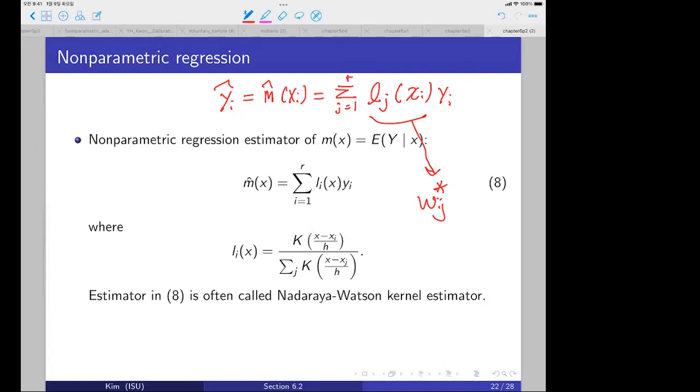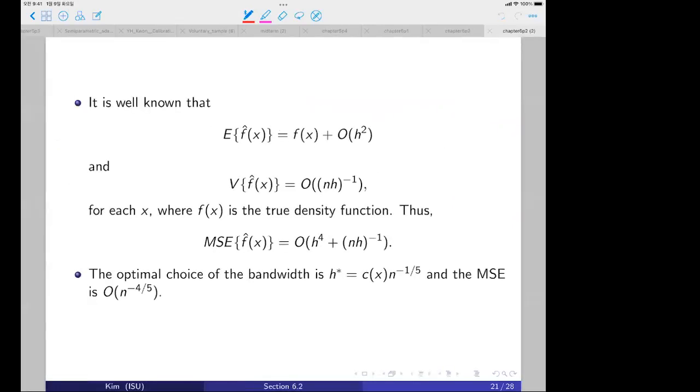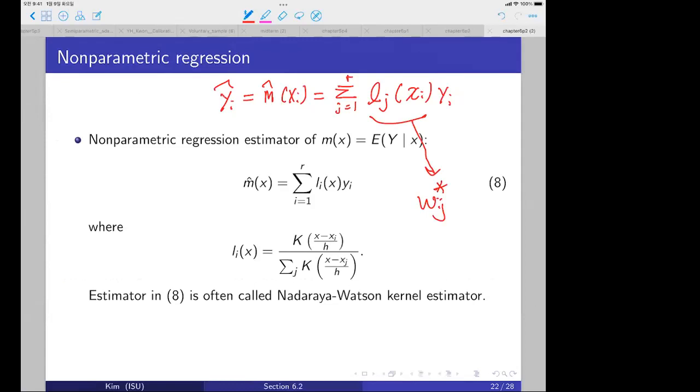Yeah, for this l_i, we can choose different kernel functions K, so you have a different choice of function. Is the w_ij we defined in the previous slide just a special case of such l_i? So this is the fractional weight, using a particular choice of the kernel function, and this is a nonparametric regression.